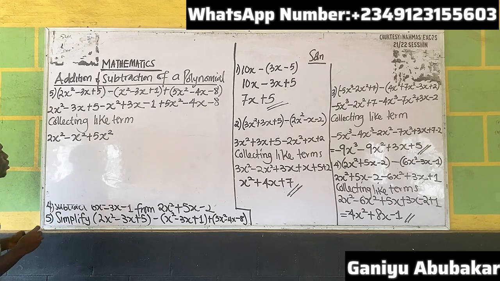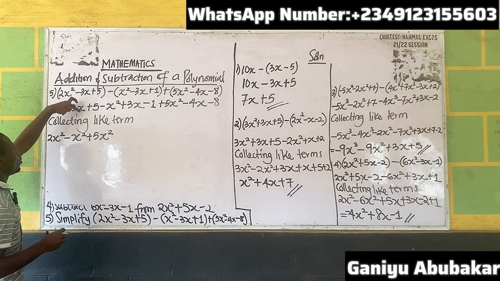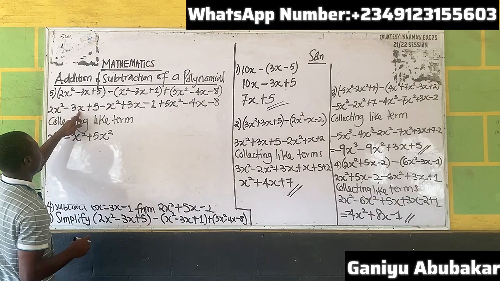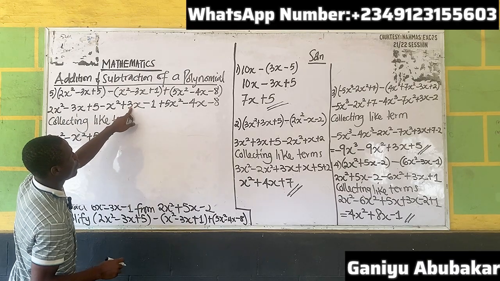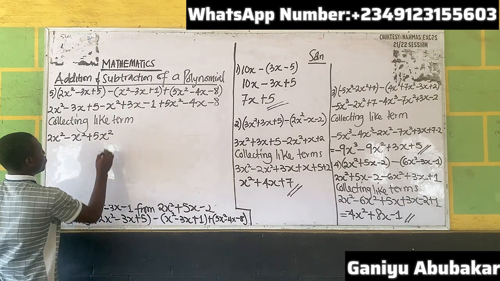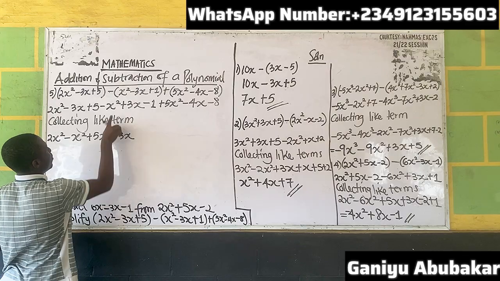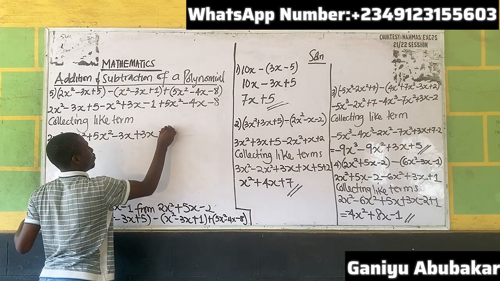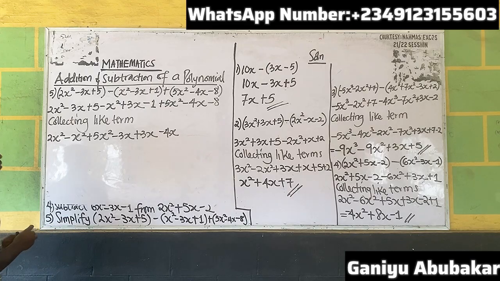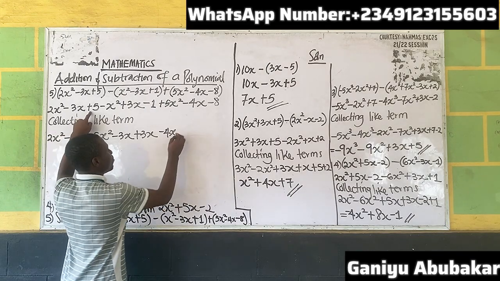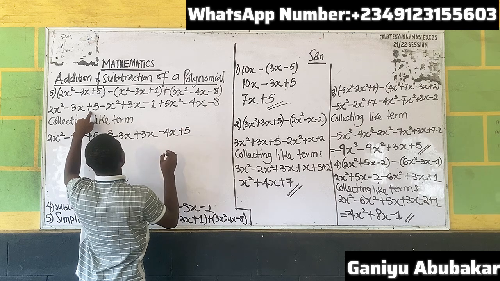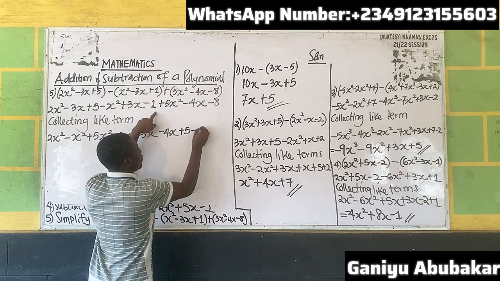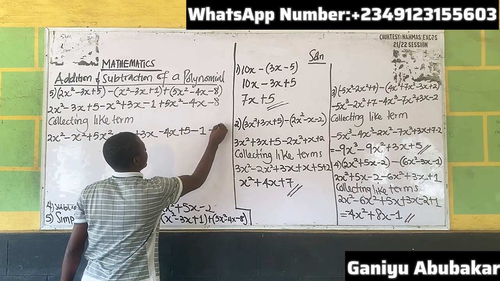Squared is done, so we just have x terms: negative 3x, then positive 3x, then negative 4x. Finally, the constant terms: plus 5, minus 1, and then minus 8.